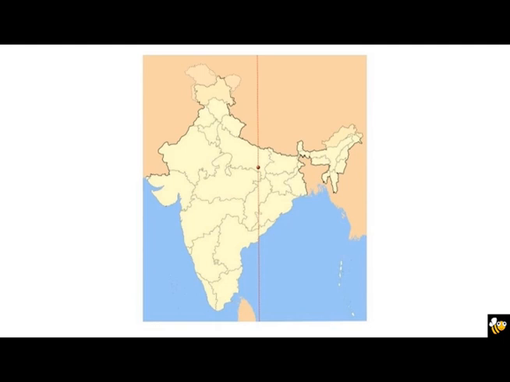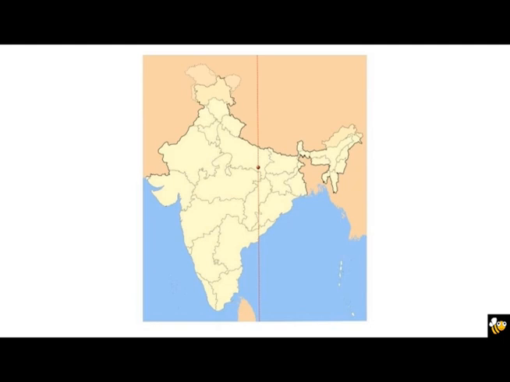This is mainly seen in very large countries. There are different time zones within a single country; for example, Russia has 11 standard times, but India has one standard time.